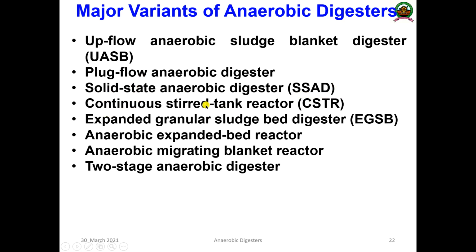Next one is continuous stirred tank reactor or CSTR. Next one is expanded granular sludge bed digester or EGSB, anaerobic expanded bed reactor, anaerobic migrating blanket reactor, two-stage anaerobic digester. So these are the future aspects of the conventional anaerobic digester.